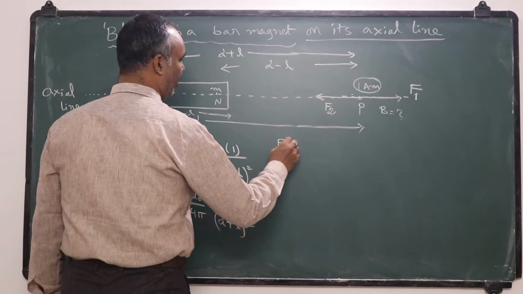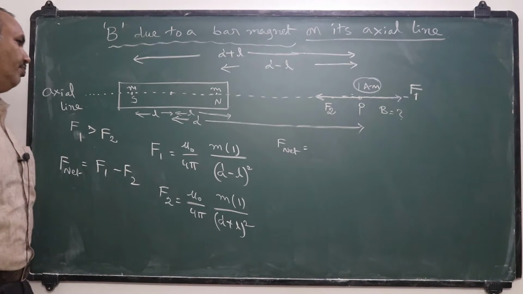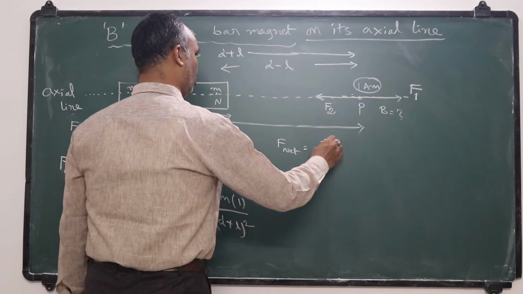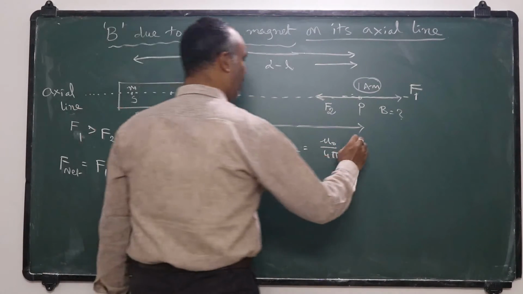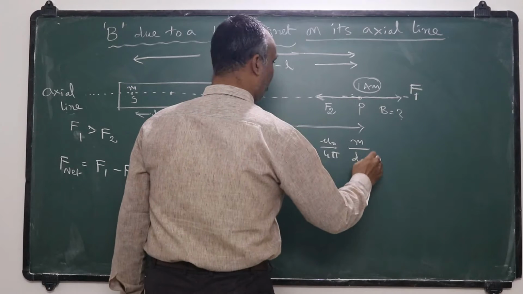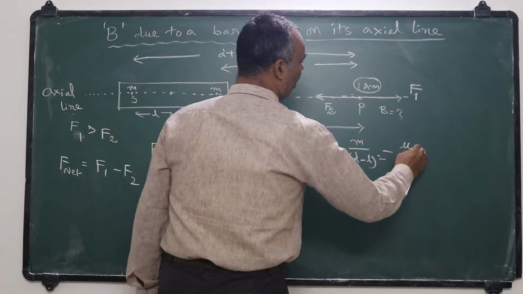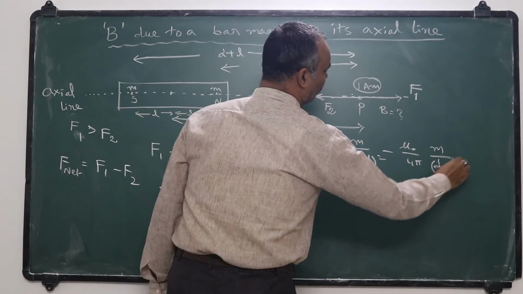F net is given by mu naught by 4 pi m by d minus L whole square minus mu naught by 4 pi m by d plus L whole square.